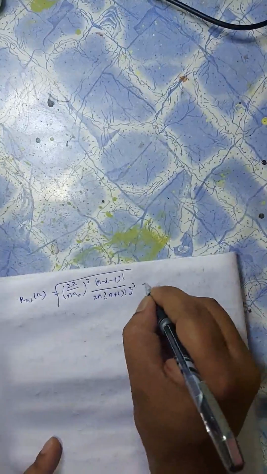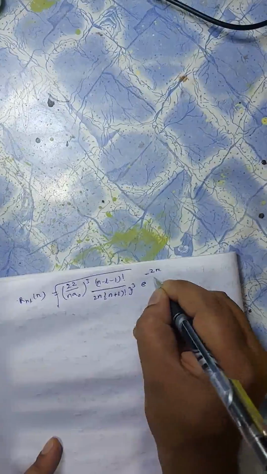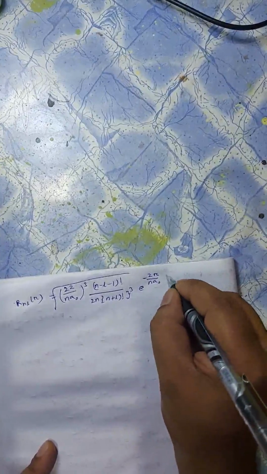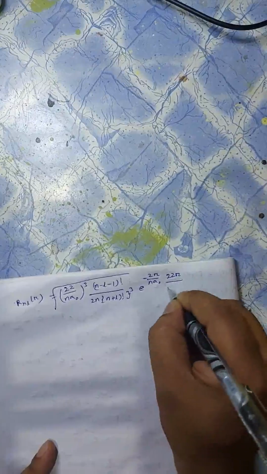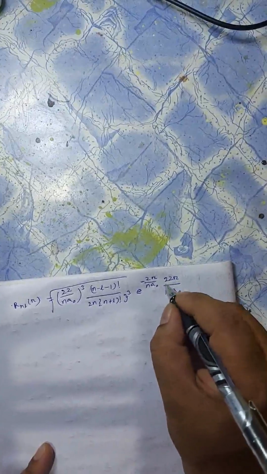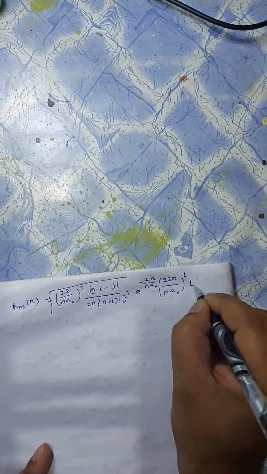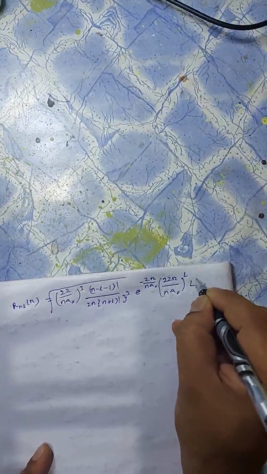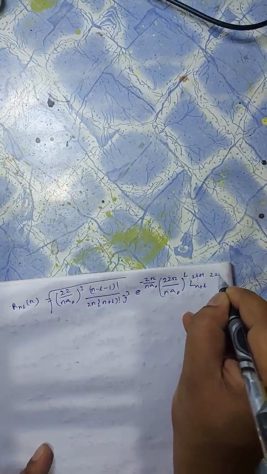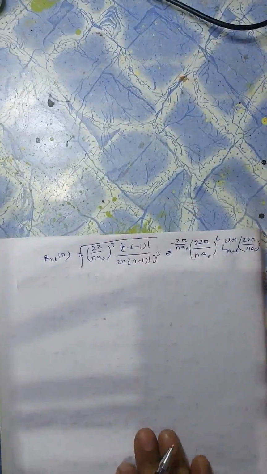Then whatever is remaining we put: e to the power minus Zr by n a0, then 2Zr by n a0, this one is x, to the power l, then L(n+l)(2l+1), in place of x we write 2Zr by n a0. This is called the solution of the radial equation.